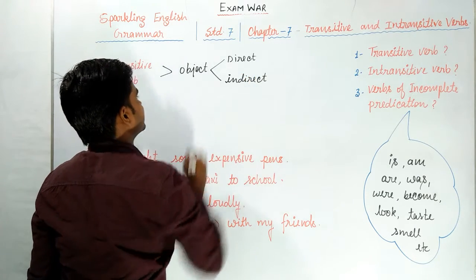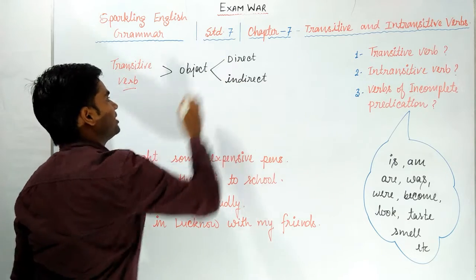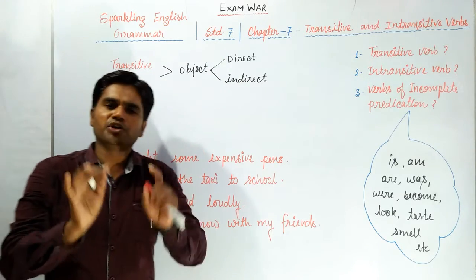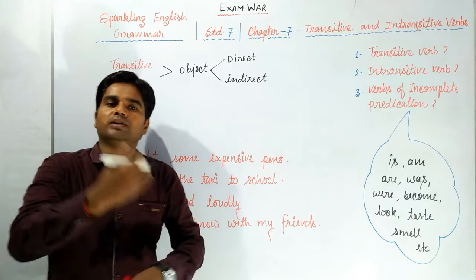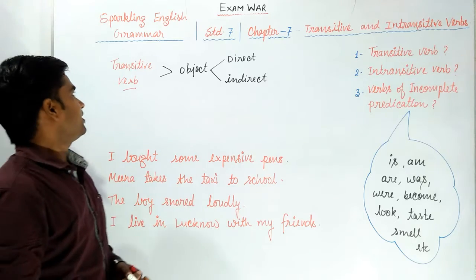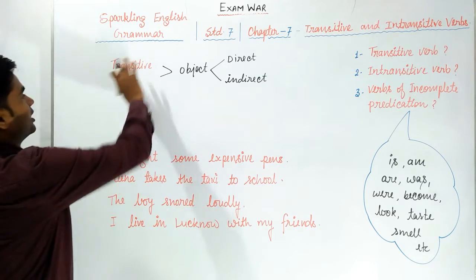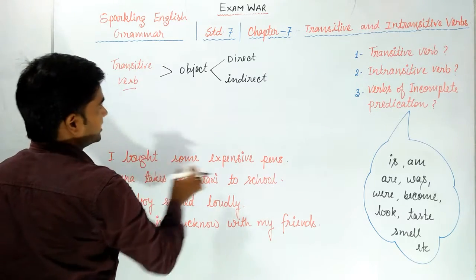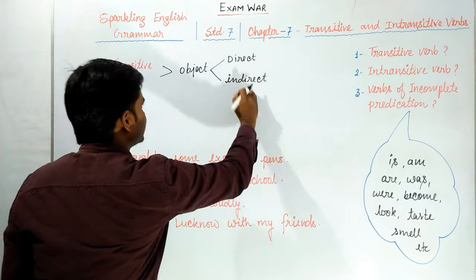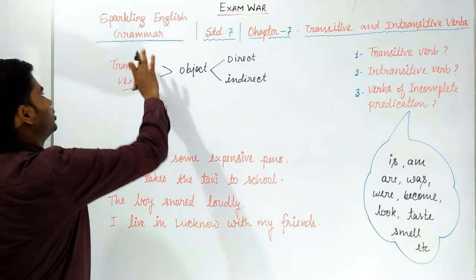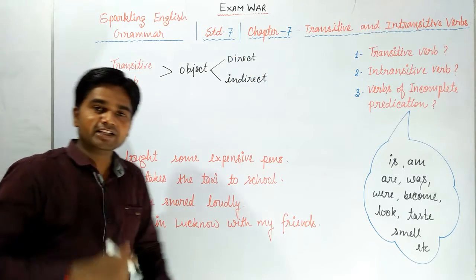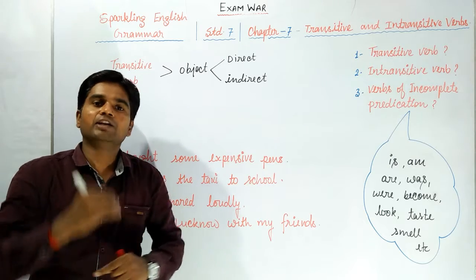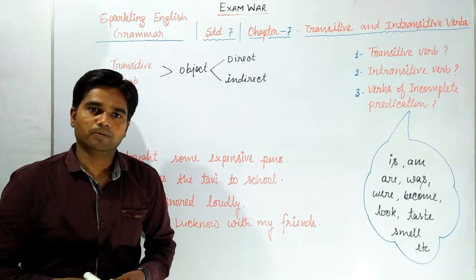As we discussed direct and indirect objects in the previous class, there is no need to discuss them again. So dear students, any verb which has its object, either direct or indirect or both, is called a transitive verb. It means a verb with an object is called a transitive verb.